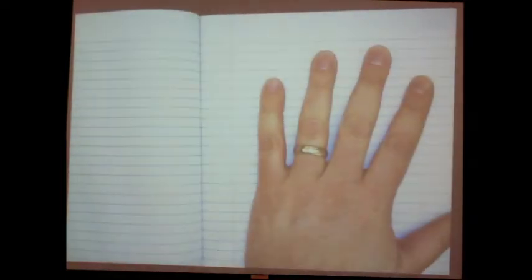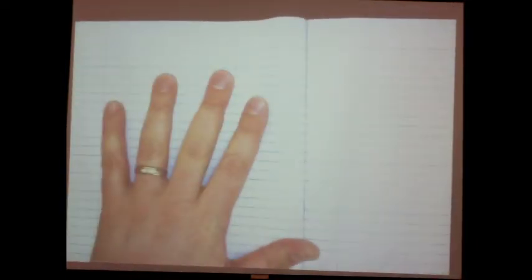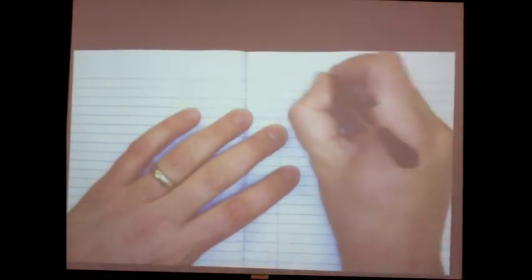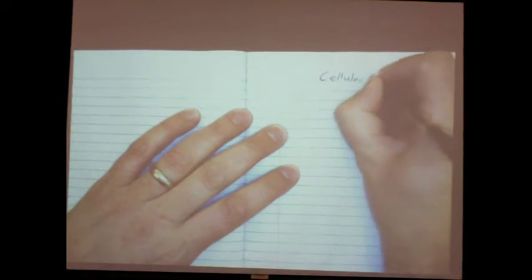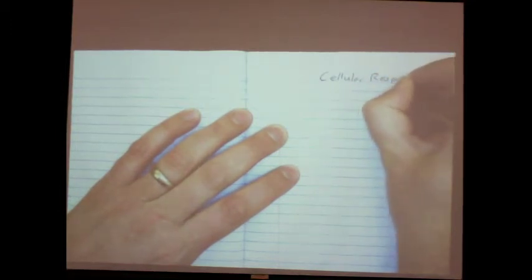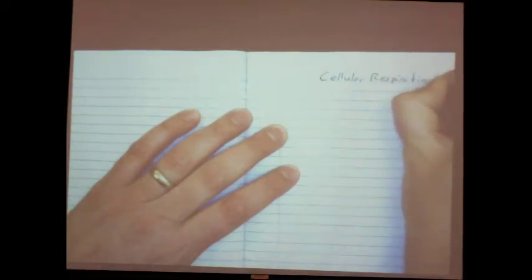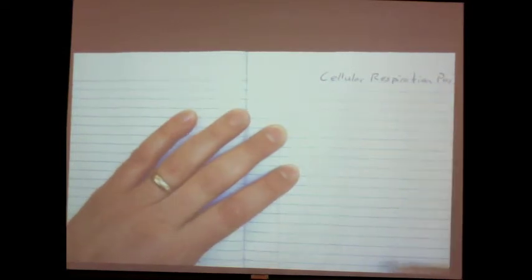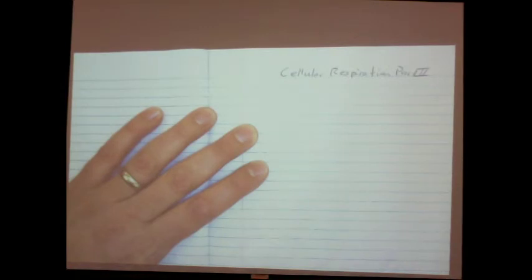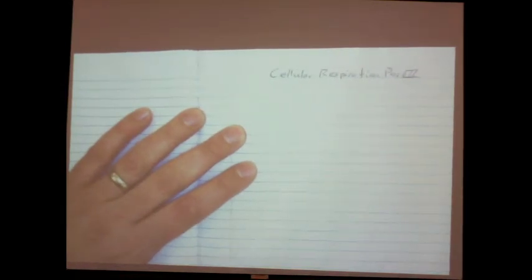Here's my right page, and here's my left page. Top of the right page, we've got to get our title on here. So our title for this one is Cellular Respiration, Part 2.